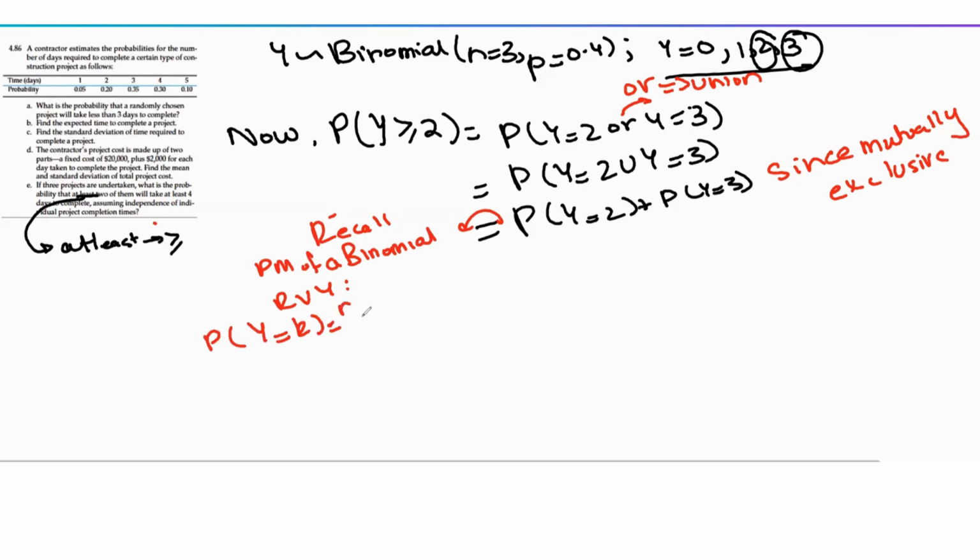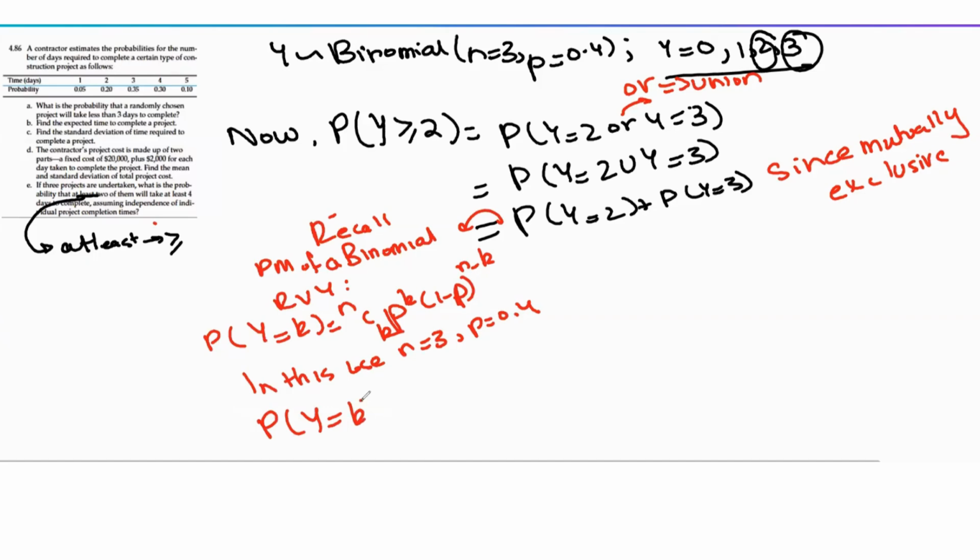We know this is n choose k, p to the k, 1 minus p to the n minus k. This is just the PMF of a binomial random variable. In this case, we know n is 3 and p is 0.4. So the probability that y is equal to any value k is just 3 choose k, 0.4 power k, 1 minus 0.4 is 0.6, power 3 minus k.